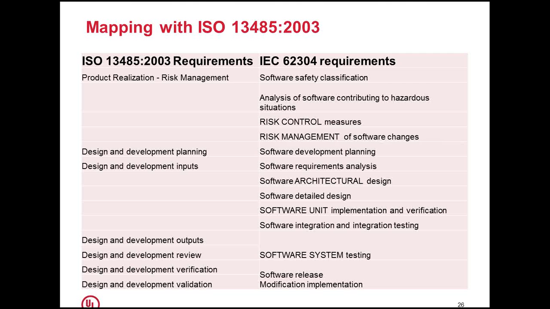Software development planning. There is a clear requirement for software development planning. Before you start the activity of actual development, you need to have a clear plan in place. The elements which must be in the software development plan are detailed in the standard itself. You need to identify the team, the process model you are going to follow, how you are going to control the configuration, how you are going to verify, and the risk management methodology.